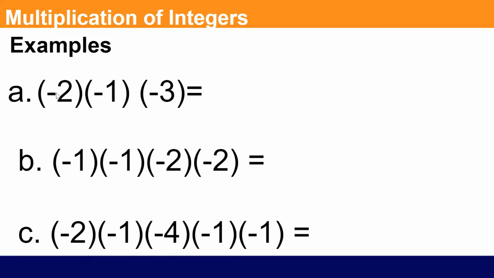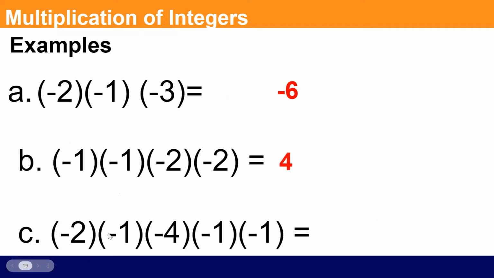Example, negative 2 times negative 1 times negative 3. So, tatlo pong negative and then 3 is an odd. Okay, so ang sagot po natin dyan ay negative 6. Okay, letter B. Okay, 4 na negative. Ang 4 po ay even. So, negative 1 times negative 1 times negative 2 times negative 2 is positive 4.